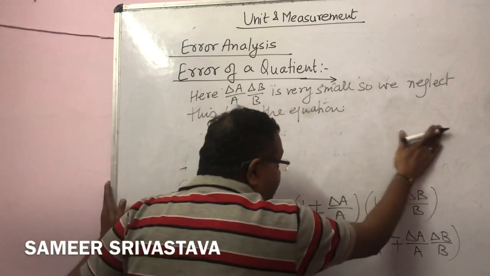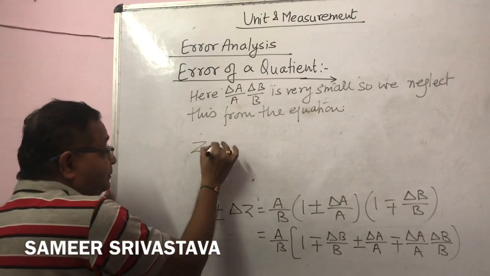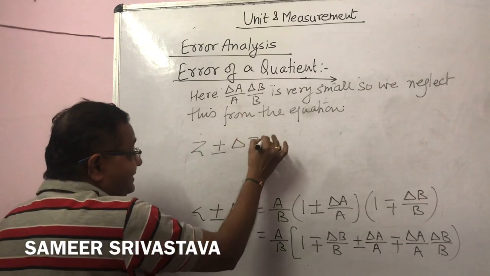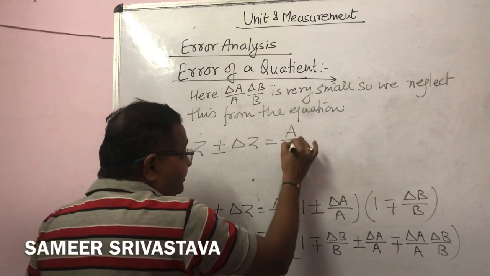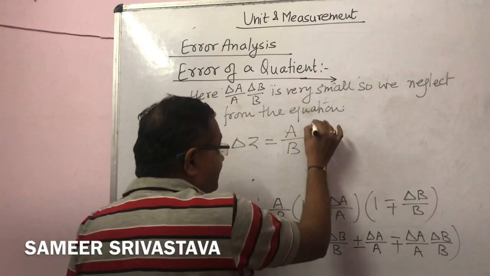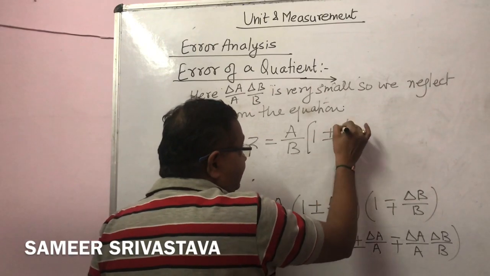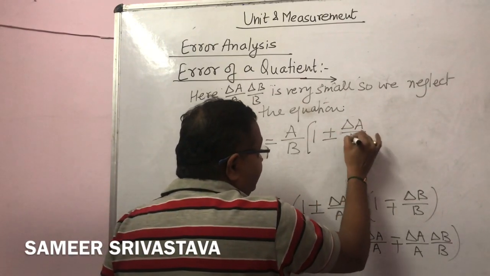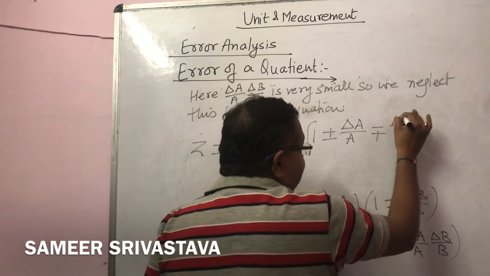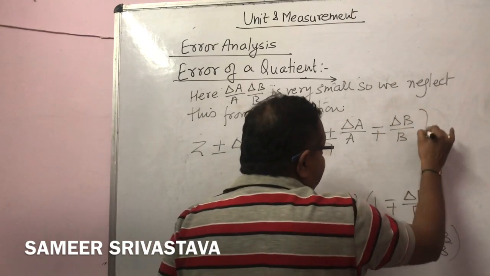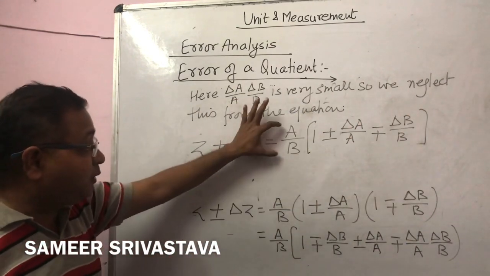Now what does the new equation have? Z plus minus delta Z is equal to A upon B, 1 plus minus delta A upon A minus plus delta B upon B. Now what about A upon B?